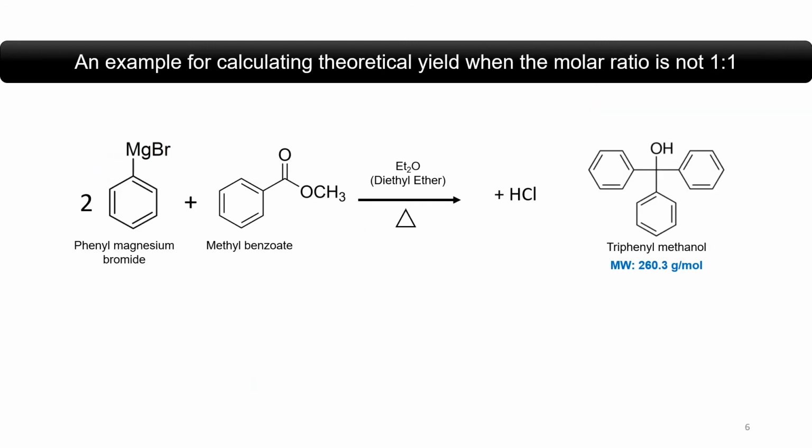Now this slide is an extra slide just for your information to show that the molar ratio is not always going to be 1:1. Okay, so the molar ratio is going to depend on the stoichiometry. Now this is a reaction that you will see in OChem 2 labs when we do the Grignard reaction, and you can see that the stoichiometry is 2, 1, and 1 product.